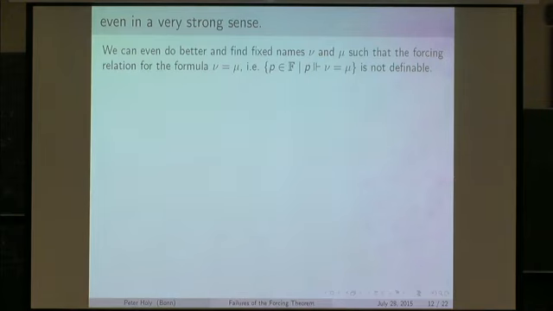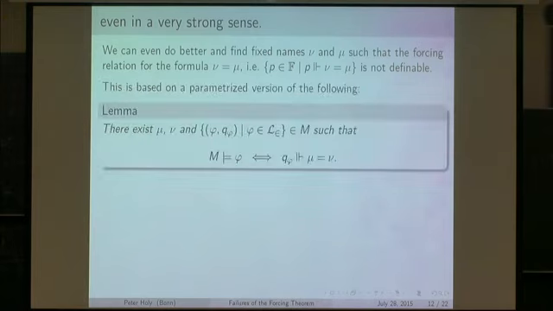And so actually this can be improved. We can find fixed names nu and mu such that the forcing relation for the formula nu equals mu, so the difference is now that we fixed two names nu and mu, is not definable. So this means that the set of conditions in the forcing which force equality between nu and mu is not definable.